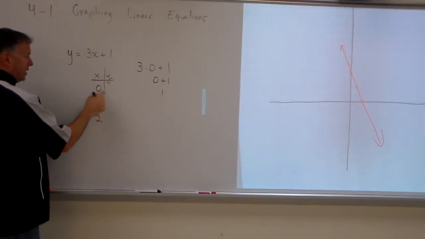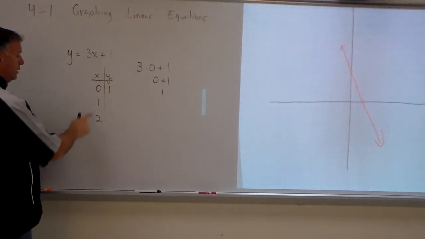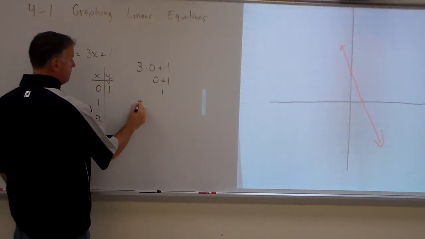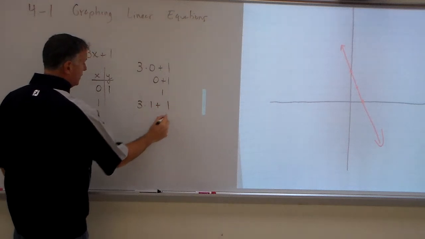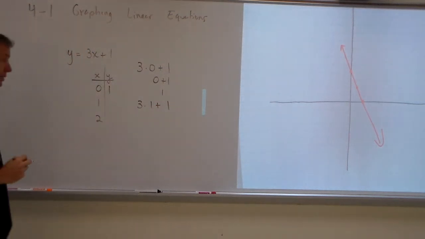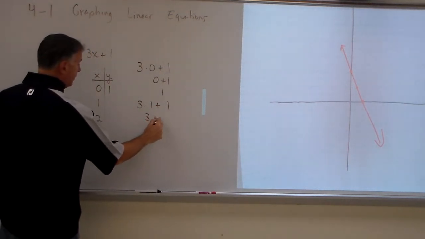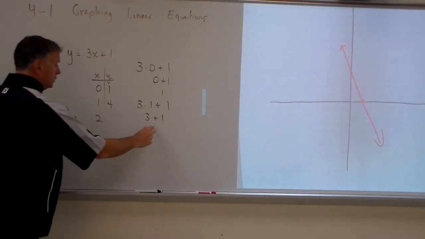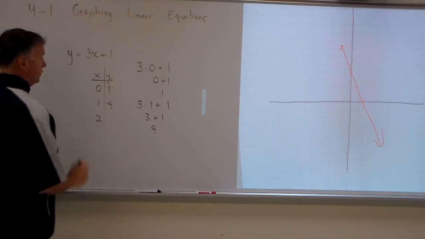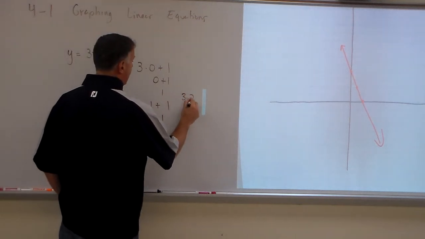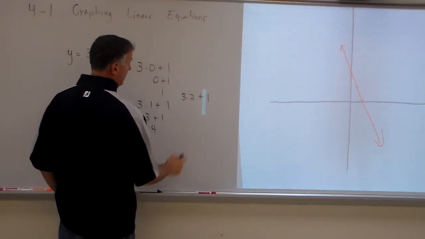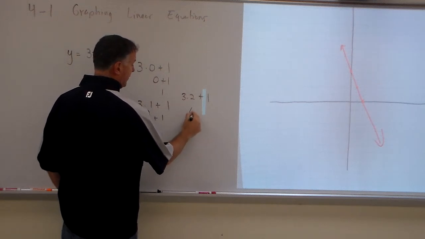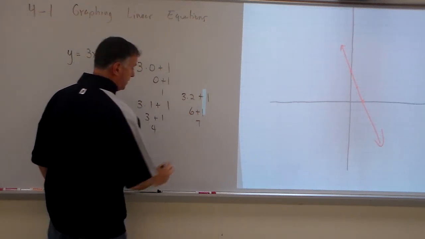So when x is 0, y is 1. Let's plug a 1 in: 3 times 1 plus 1. 3 times 1 is 3, and 3 plus 1 is 4. And now let's plug in a 2: 3 times 2 plus 1. 3 times 2 is 6, and 6 plus 1 is 7.